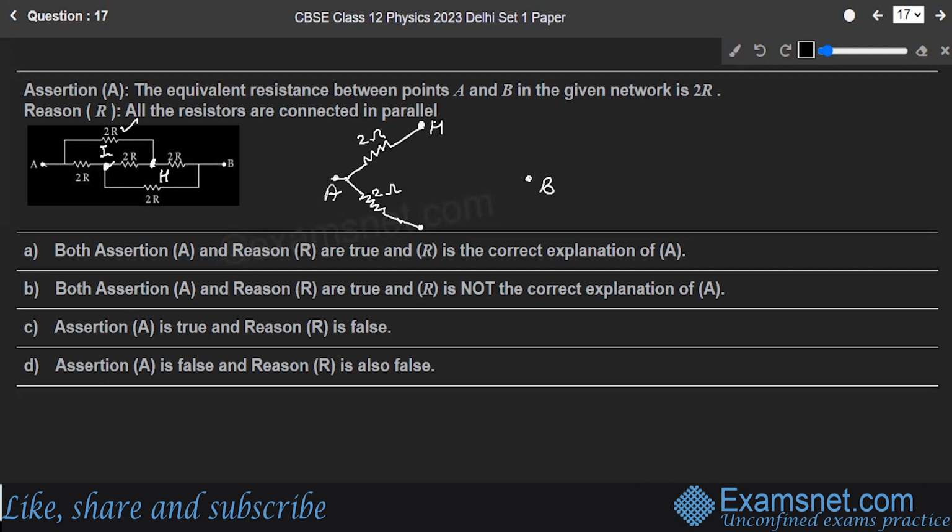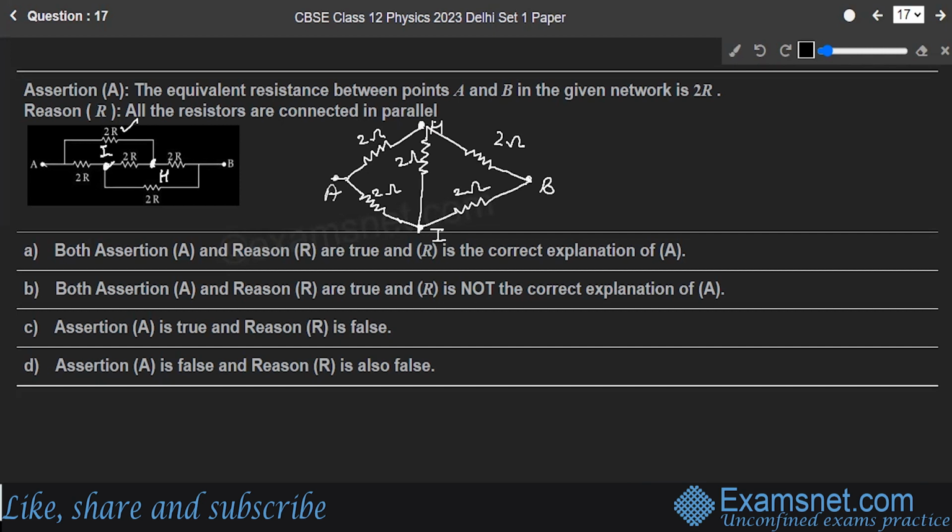From I to H, you have a 2 ohm resistor also over here. From H to B, again a 2 ohm resistor. From here to here, you also have a 2 ohm resistor.